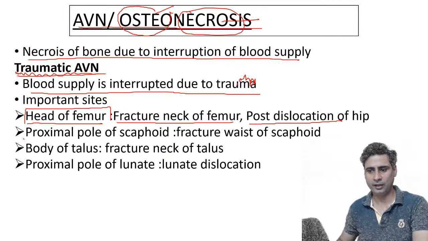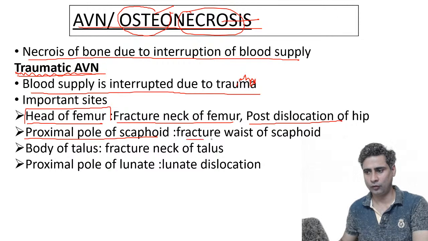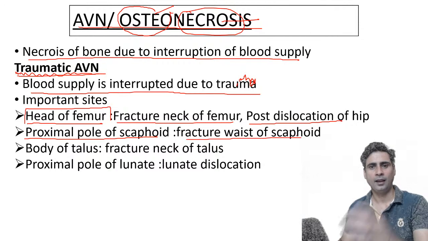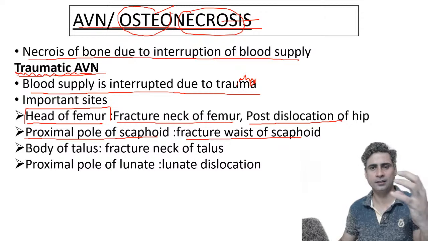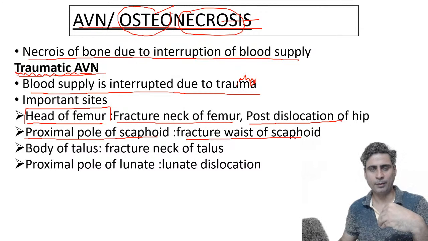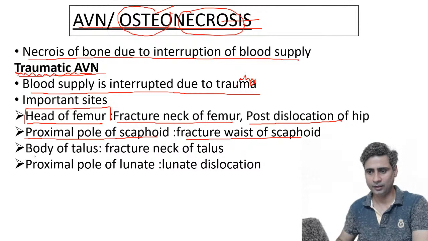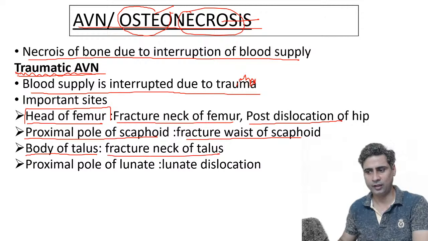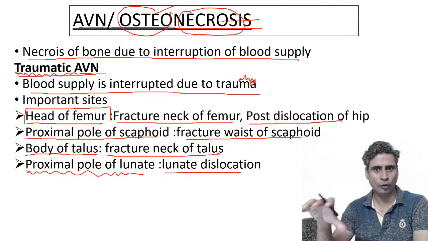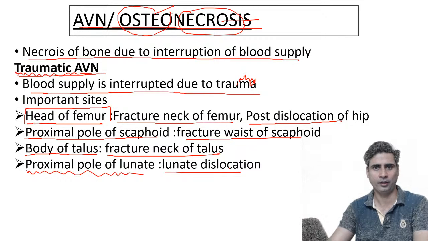There may be avascular necrosis of the proximal pole of scaphoid due to fracture of the waist of scaphoid. As there is retrograde blood supply in scaphoid, the proximal part is more prone to avascular necrosis. There can be avascular necrosis of the body of talus in fracture neck of talus. Finally, the proximal pole of lunate may undergo avascular necrosis in lunate dislocation. So these are the important sites for traumatic avascular necrosis.